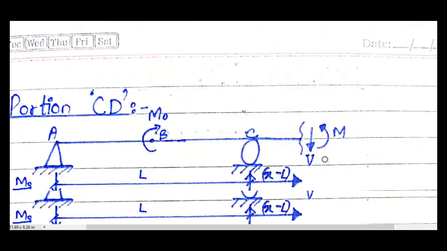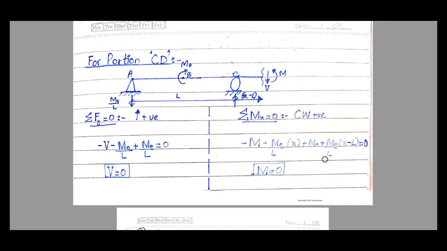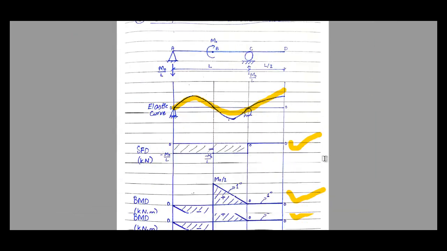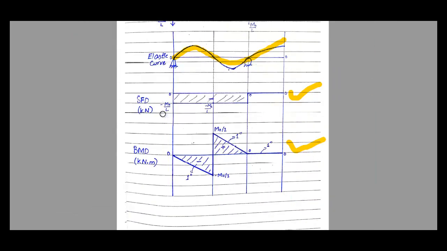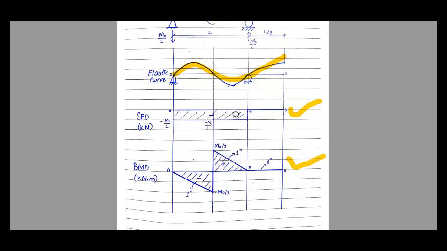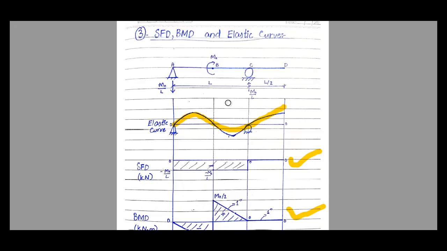And if I look at the shear force diagram and bending moment diagram, the shear force diagram is entirely negative and the bending moment diagram is also correct, first degree. I have just one observation about the elastic curve.